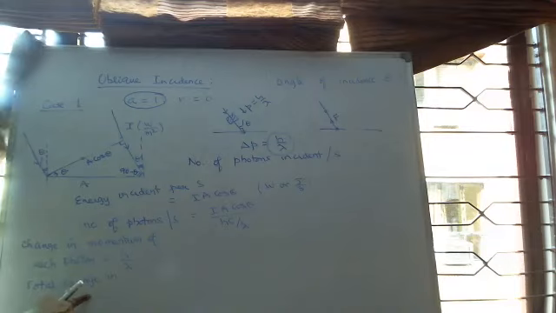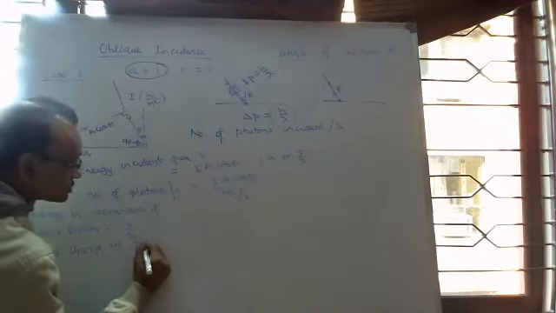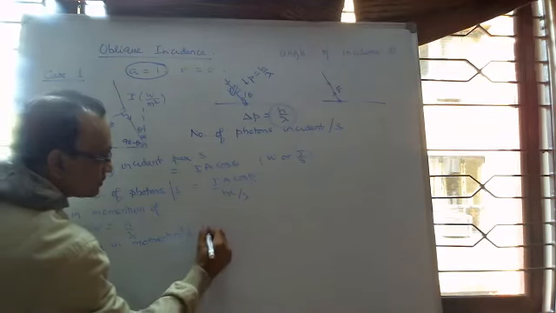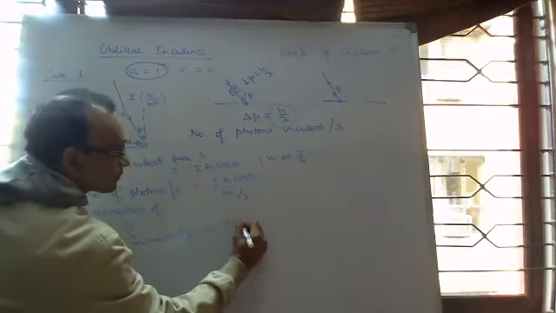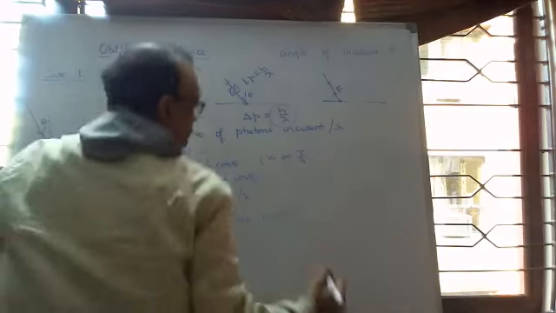ये नीचे का ये पार्ट दिख रहा है क्या? Total change in momentum per second of all photons falling is what?